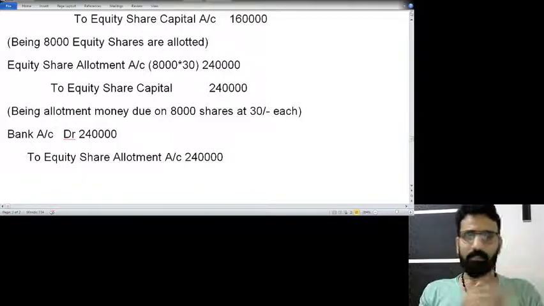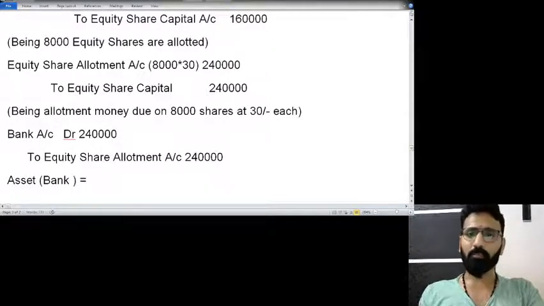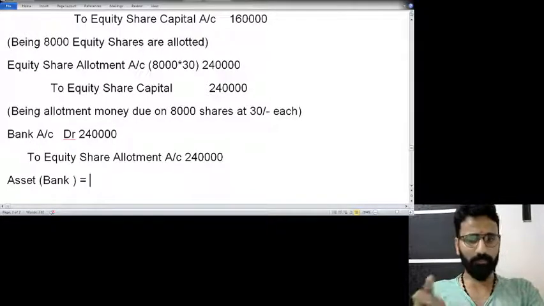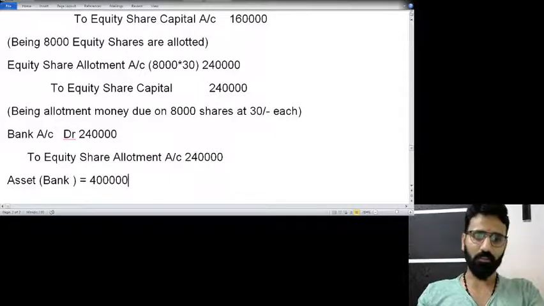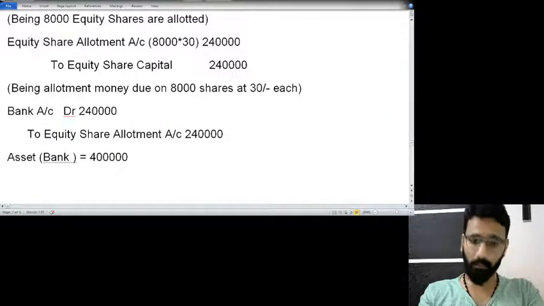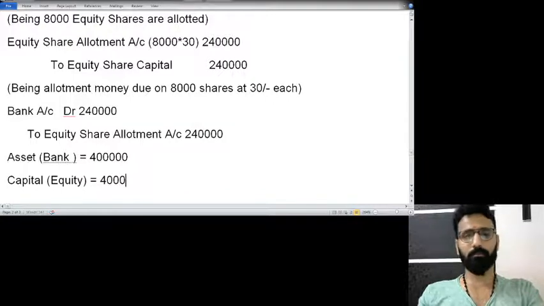Now after this stage, what is the status of my accounting equation? Let us see. What happened to my asset? My asset is bank. Total money received is 240 plus 160, total 50 on 8,000, 4 lakhs. So my asset shows 4 lakhs and my liability is capital. My equity capital shows the same 4 lakhs.